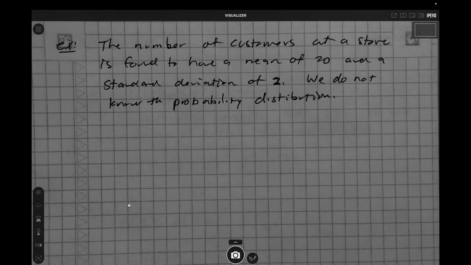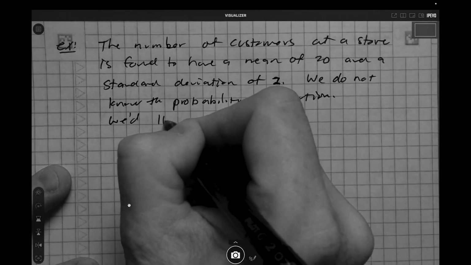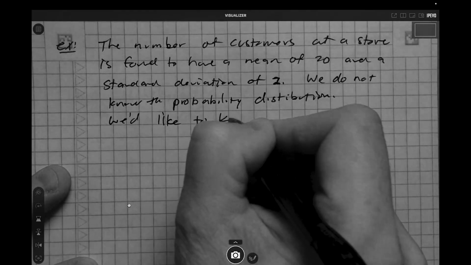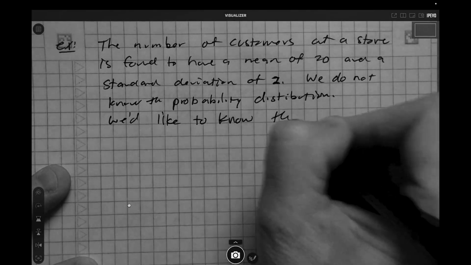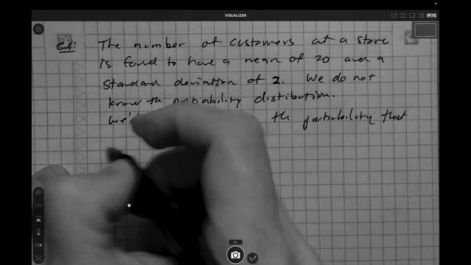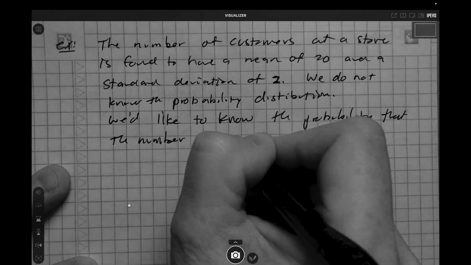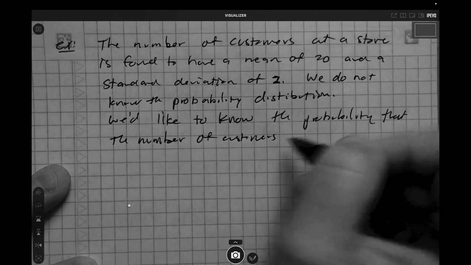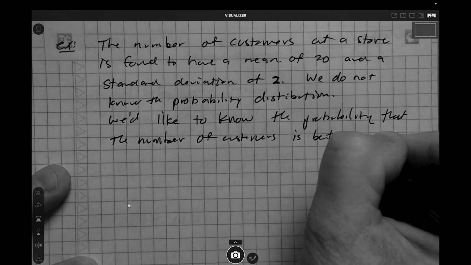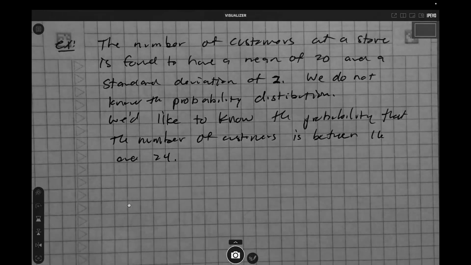But what we'd like to know is the probability that the number of customers is between 16 and 24.